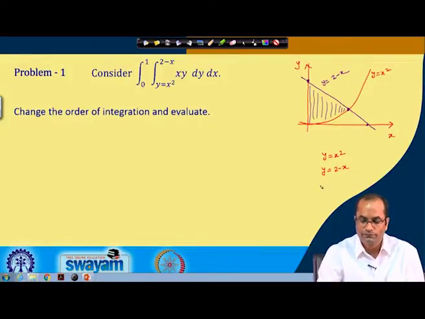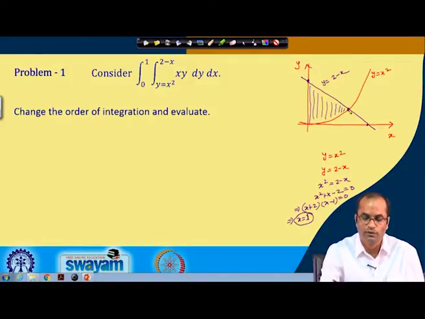So, here if we put x square is equal to 2 minus x, then we have x square plus x minus 2 equals 0, that means we have x plus 2 and x minus 1 is equal to 0. So, we have x is equal to 1 and minus 2.